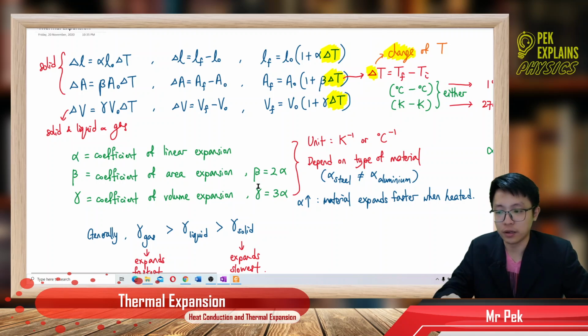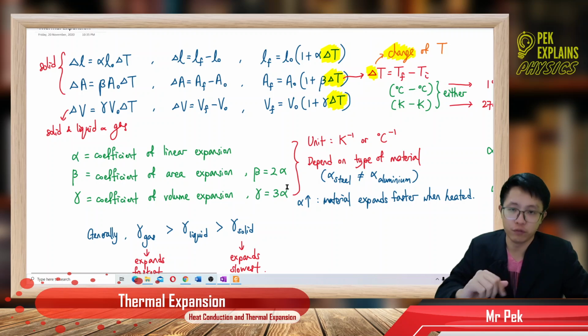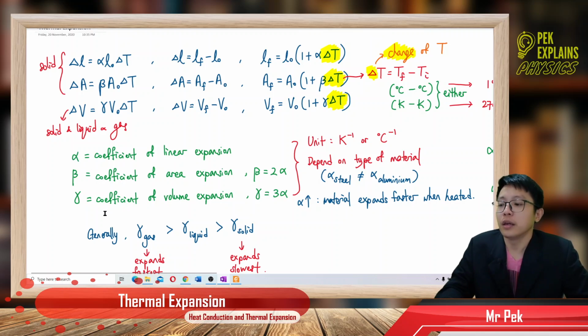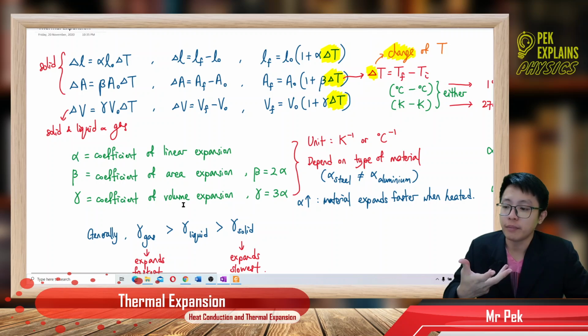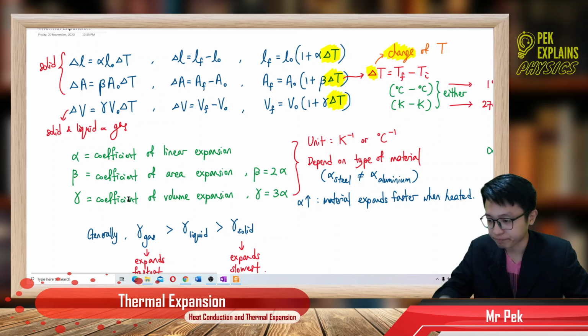Beta is 2 times alpha. If the question is about volume but only gives you alpha, we can also find gamma. Gamma is 3 times alpha.